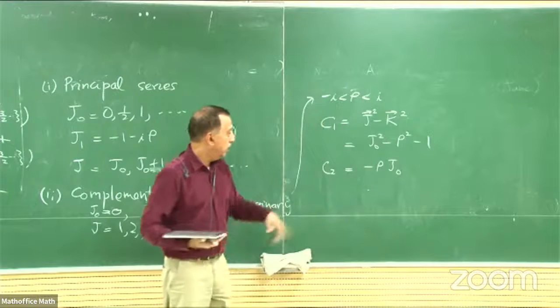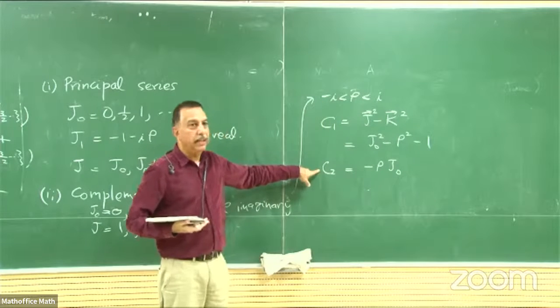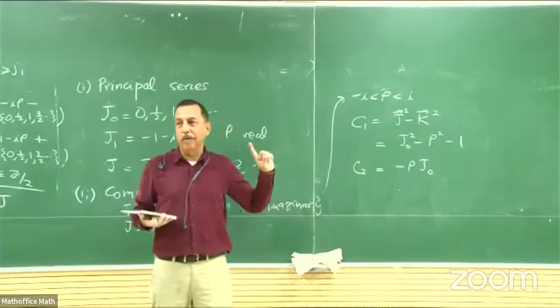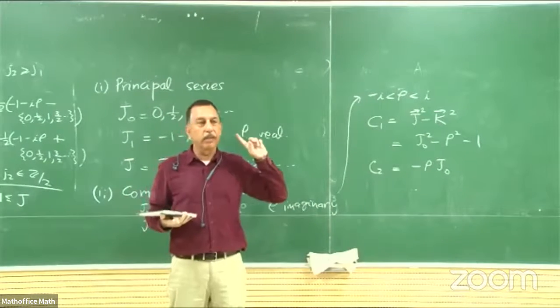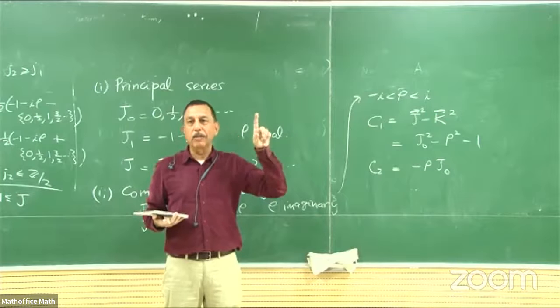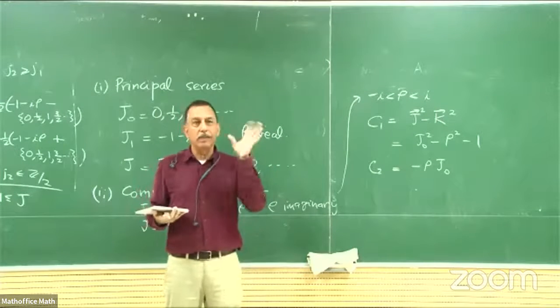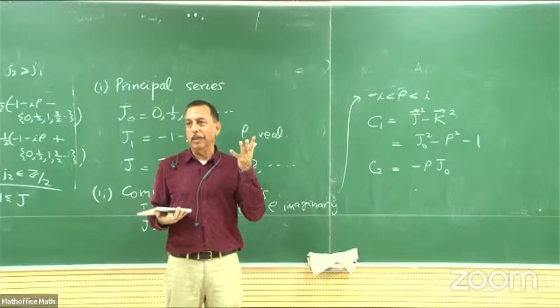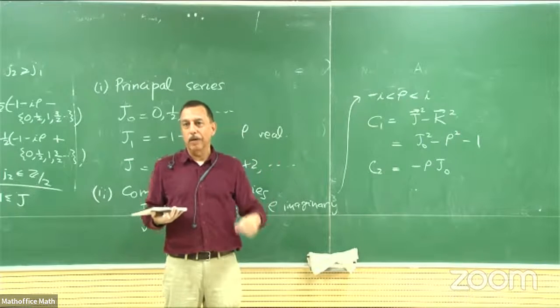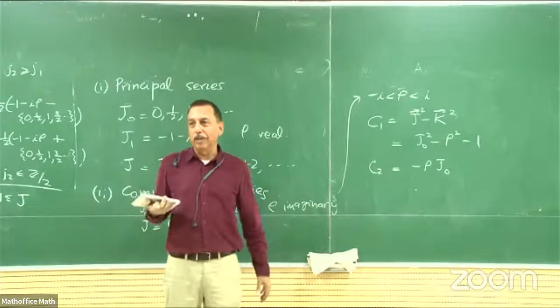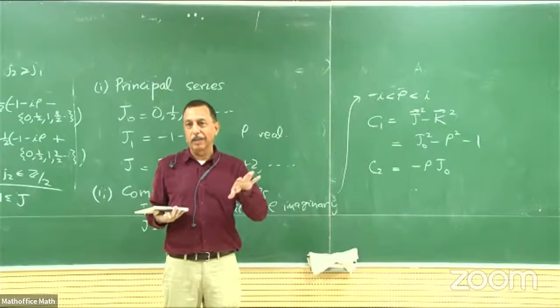And by the way, for C2 there's a sign ambiguity. If you remember, C2, in terms of the original SO(3,1) generators, was an epsilon symbol times MM. But that epsilon symbol always has a sign ambiguity. By a parity, I can go from one to the other. So anything which has an epsilon symbol, you can't a priori be sure of its sign. You have to fix the sign by convention.